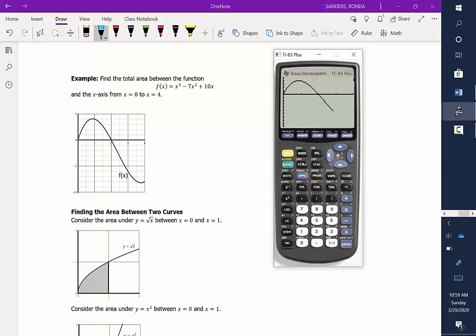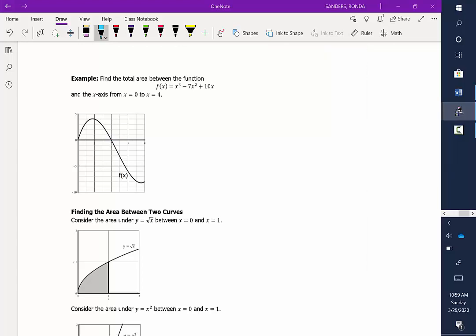Press graph. You'll notice that the graph on the calculator is very similar to the graph in front of me. On this graph, we notice that there is area above the x-axis, and there is also area below the x-axis.